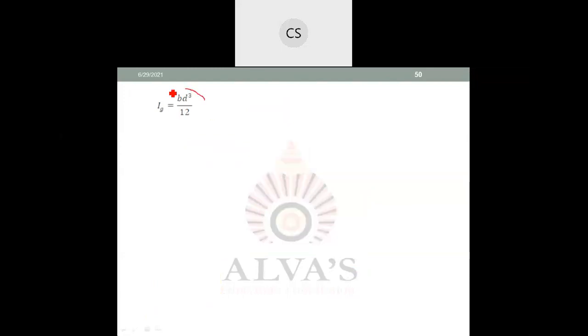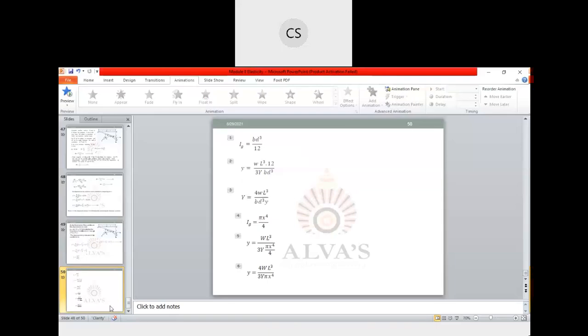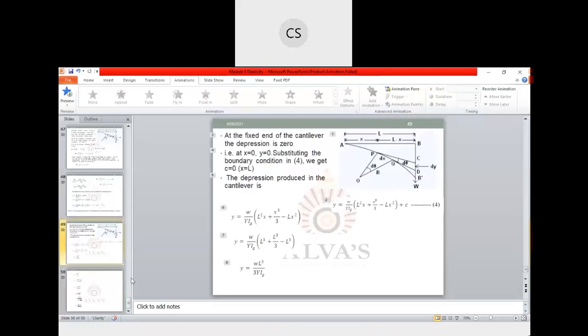What is the geometrical moment for rectangular cross section? bd cube by 12, that we have seen in the last class. So let us use that in the previous expression. Ig is substituted. If there is confusion, I will bring the other equation.